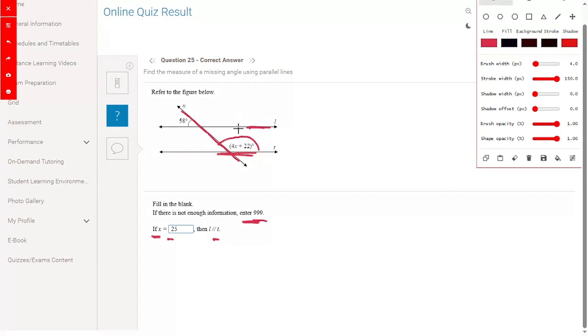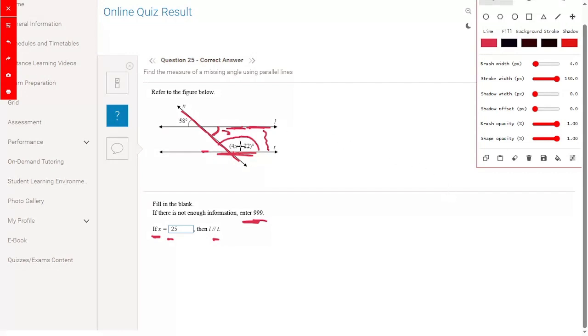How to prove that this line is parallel to this line? The only way to prove this, and this angle is not related to this angle, but this angle is an interior angle, so if we prove that this angle plus this angle equal to 180, that means the interior angles are supplementary, so these two lines are parallel.